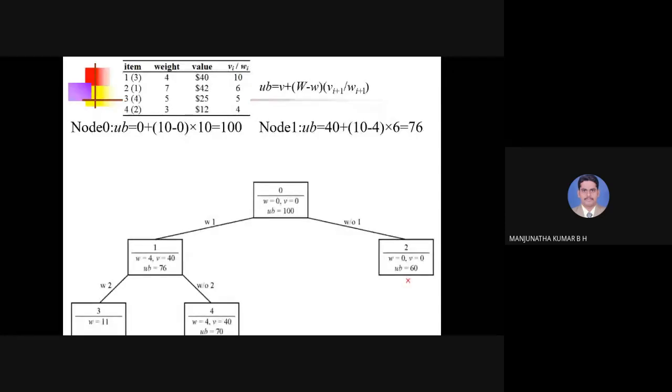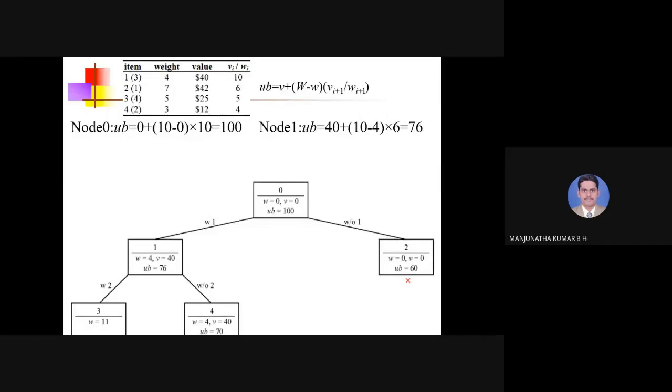Now 100 will be the upper bound value. For the root node, that is the maximum. At most, you may get a profit of 100, not beyond 100. The optimal value is always equal to 100 or less than 100 for this example. I hope it is clear.